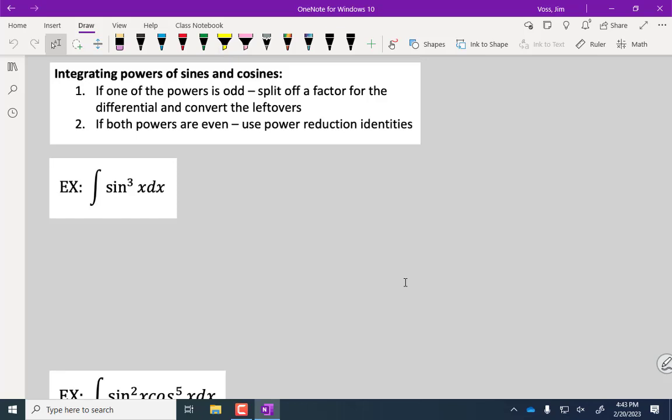So here is the rule. We already know that if we have an even power on sine or cosine, we do power reduction. We did that last time. So here is the new thing. If one of the powers is odd, we're going to split off a factor for the differential and convert the leftovers. Here we see an odd power on sine, so we're going to pull off a sine, and that's going to leave us with sine squared.